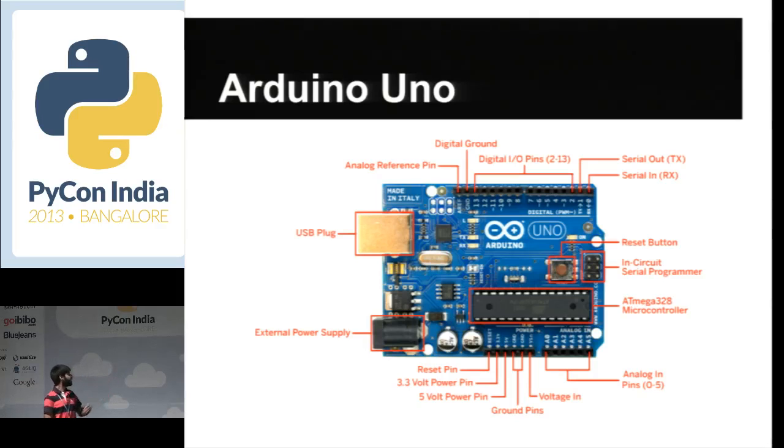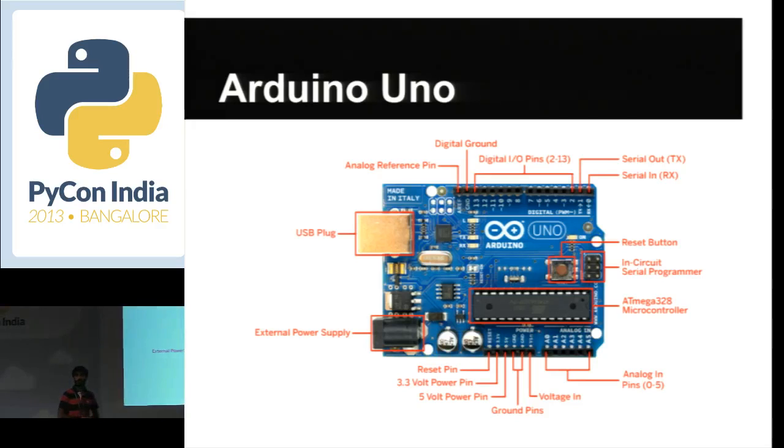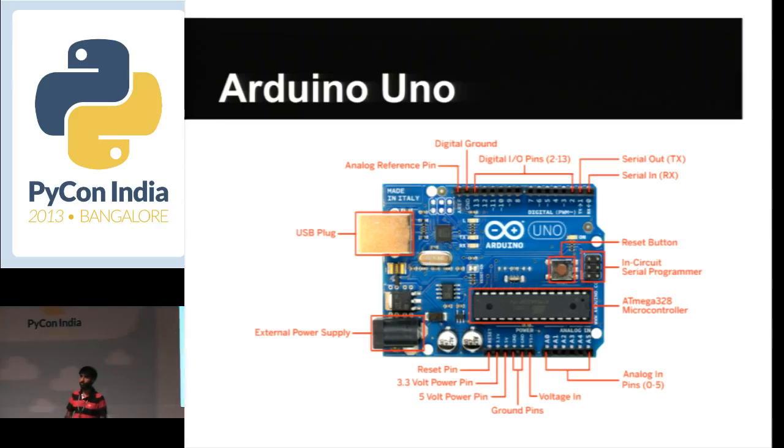So this is how an Arduino Uno looks, and it comes with a lot of different pins on the microcontroller that are broken out for ease of use. Number one, we have the USB plug, which is used to interface the Arduino with your computer.